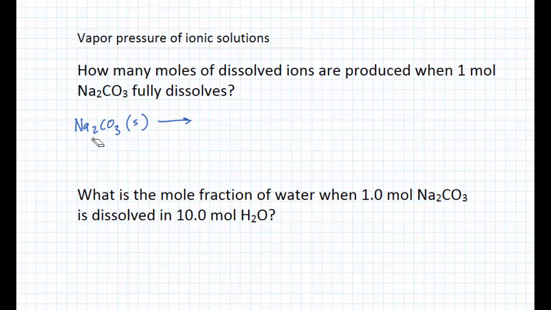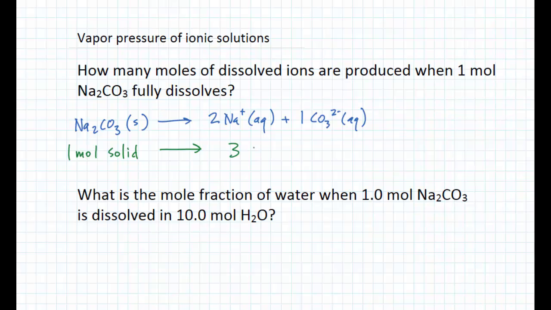There are 2 sodium ions that get dissolved, call that aq, and there's 1 carbonate ion. Carbonate's 2 minus. Okay. So how many moles of dissolved ions are there in this 1 mole of sodium carbonate when it dissolves? 3 moles.